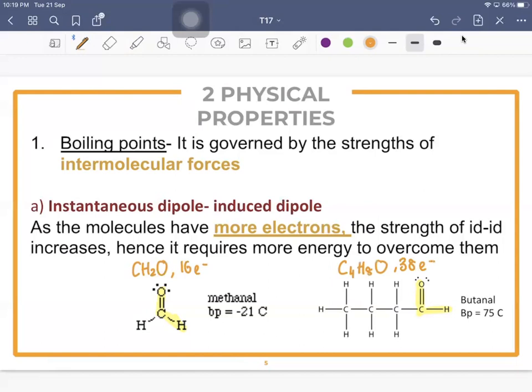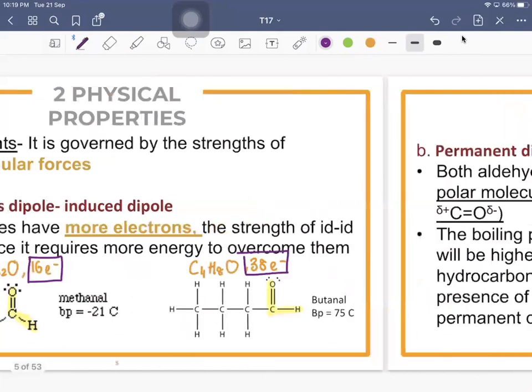So obviously, the only factor would be the number of electrons. Butanal has more electrons, therefore the ID-ID force would be stronger between the butanal molecules compared to the ID-ID force between methanal and other methanal molecules. Okay.